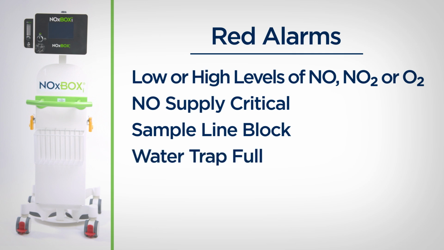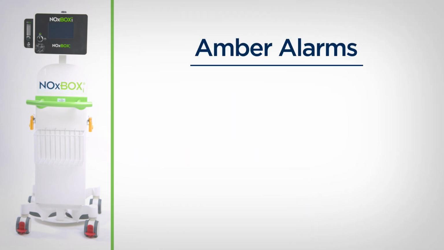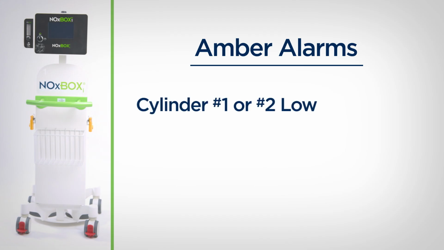Water trap full, when the water trap has excess moisture and requires emptying. Vent idle, when the NOx flow cannot detect the flow of ventilator gases. And critical delivery fault, when the NOxBOXi system cannot deliver the desired concentration of NOx event nitric oxide gas in the intelligent mode.